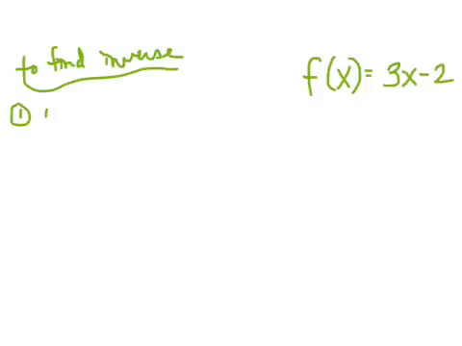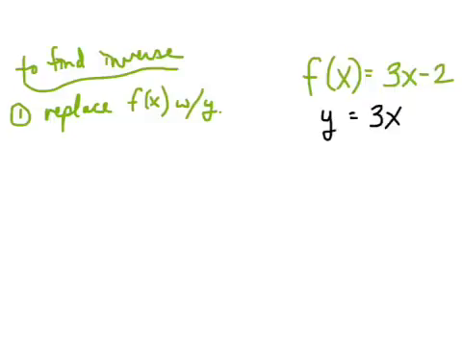The first thing I do is replace f of x with y. The reason is I want fewer letters, less confusion. Plus f of x is the same as y in most respects, so I'm just going to replace it with y so that it's easier to handle.